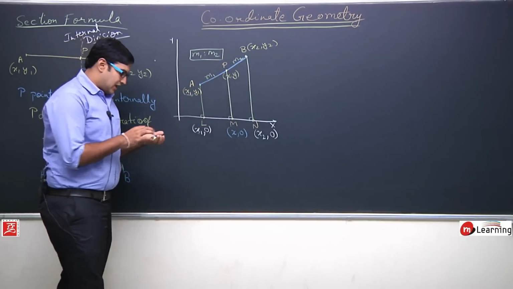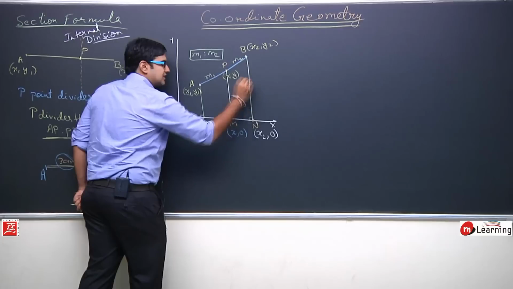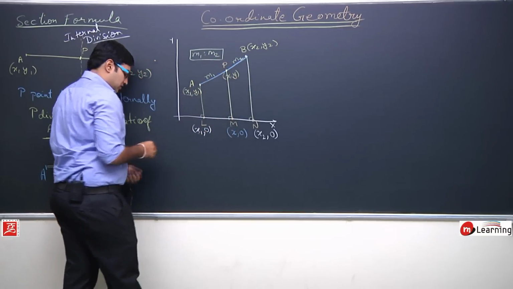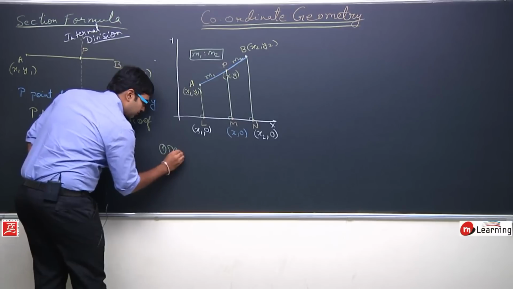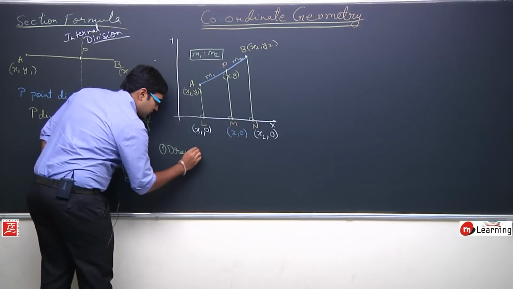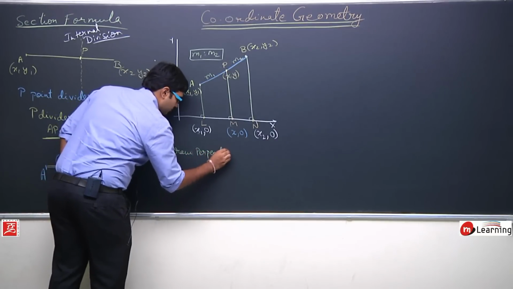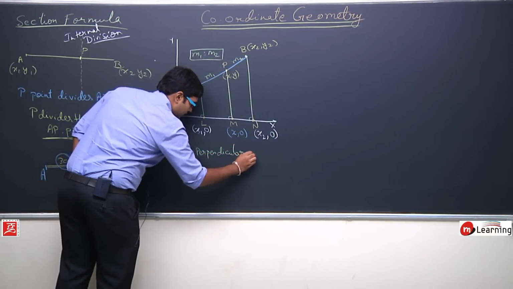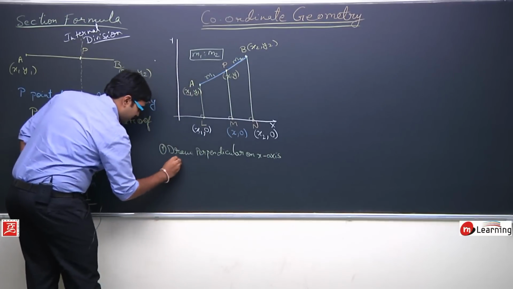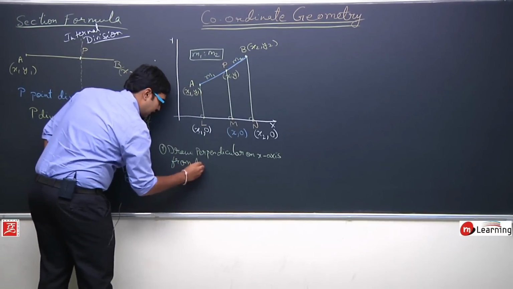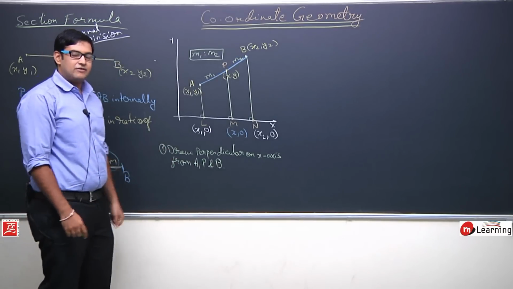Now similarly I am going to draw a perpendicular from point A on the line PM. So what we have done: the first thing is to draw perpendiculars on the x axis from A, P and B. Okay, this is the first thing that we have done.